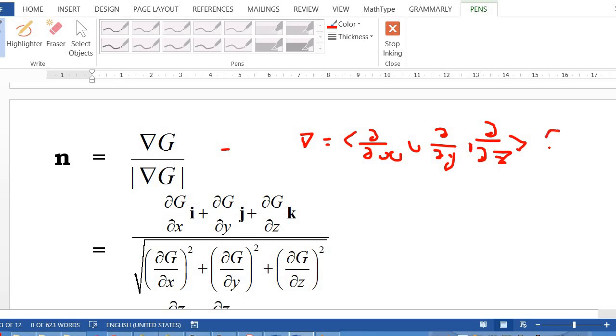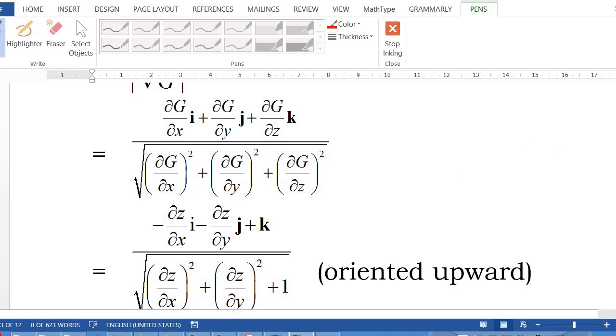You multiply it with the scalar function g, and that's why you get ∂g/∂x i plus ∂g/∂y j plus ∂g/∂z k, divided by the magnitude of del g. The magnitude of a vector is the square root of each component squared: (∂g/∂x) squared plus (∂g/∂y) squared plus (∂g/∂z) squared.